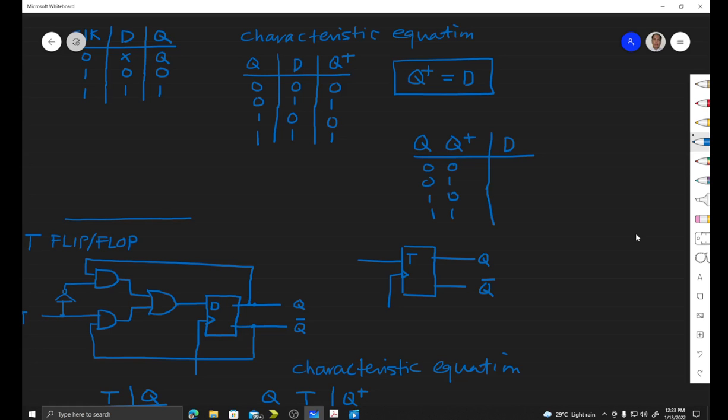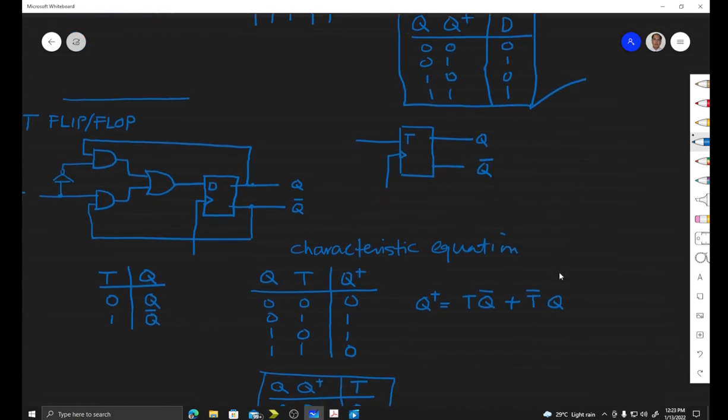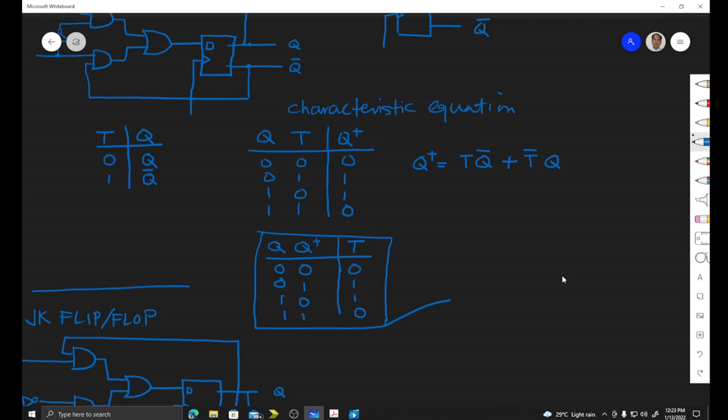From the equation, we all know that Q plus is equal to D, so this is 0, 1, 0, 1. Again, we will use this excitation table to design a sequential logic circuit.